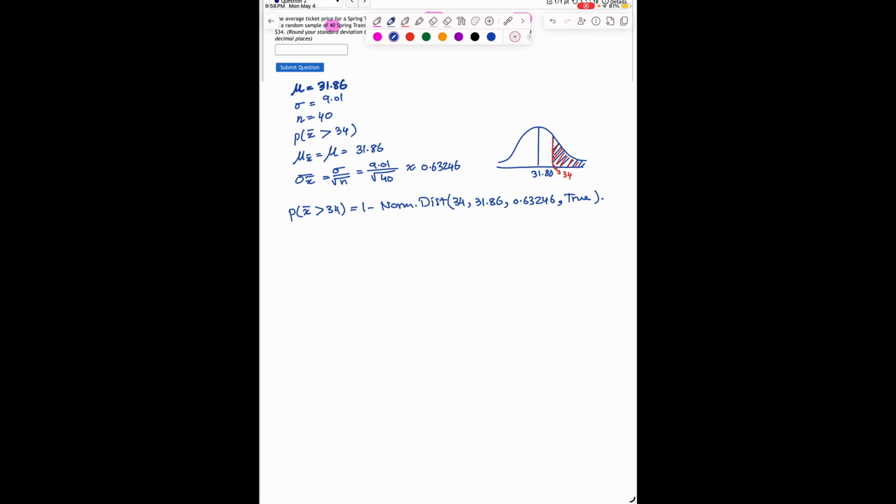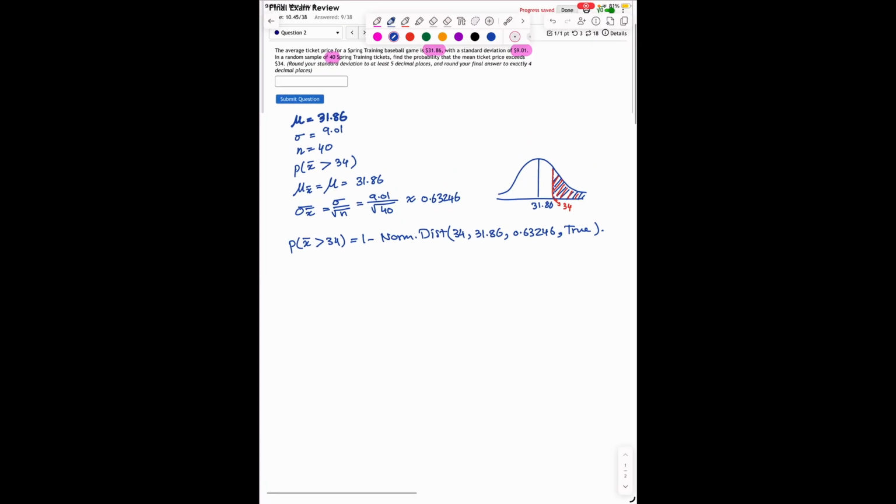So if we want to make this into steps, the first step is to find the standard error. The next step is to use norm distribution in Excel. If it's the area to the left, we're going to use norm dot distribution. And instead of the standard deviation, we're going to use the standard error. Notice how the only thing that changed is the standard deviation.